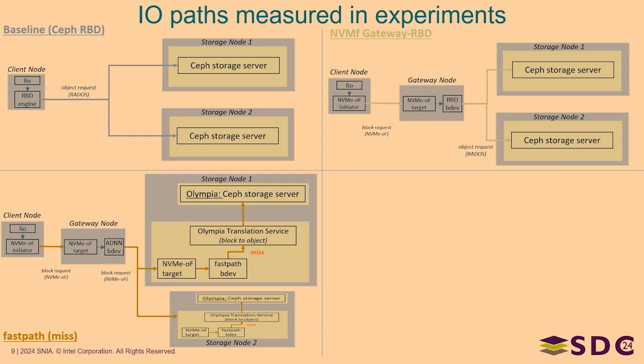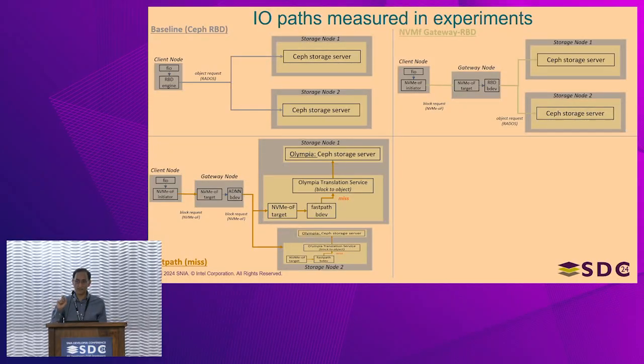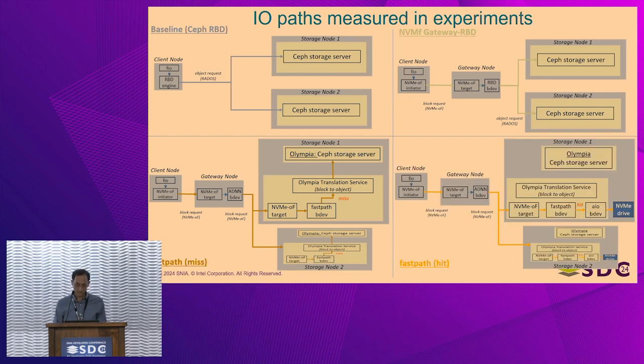So this is where now on the gateway, we're using the ADNN module, this guy here. So what's coming out of the gateway is still NVMe-over Fabrics now. And then the miss path that I described in the previous slide. And lastly, you got a hit in your mappings cache, and so you're able to read directly from the drive.